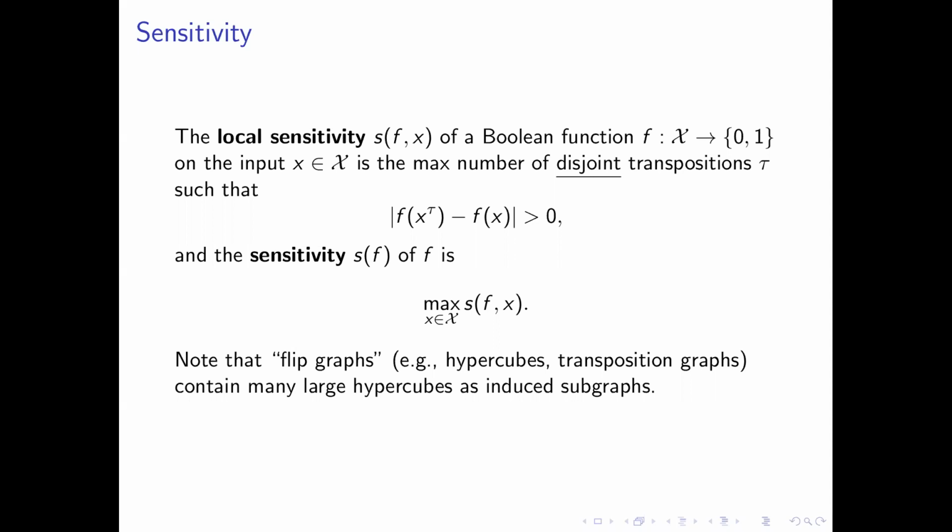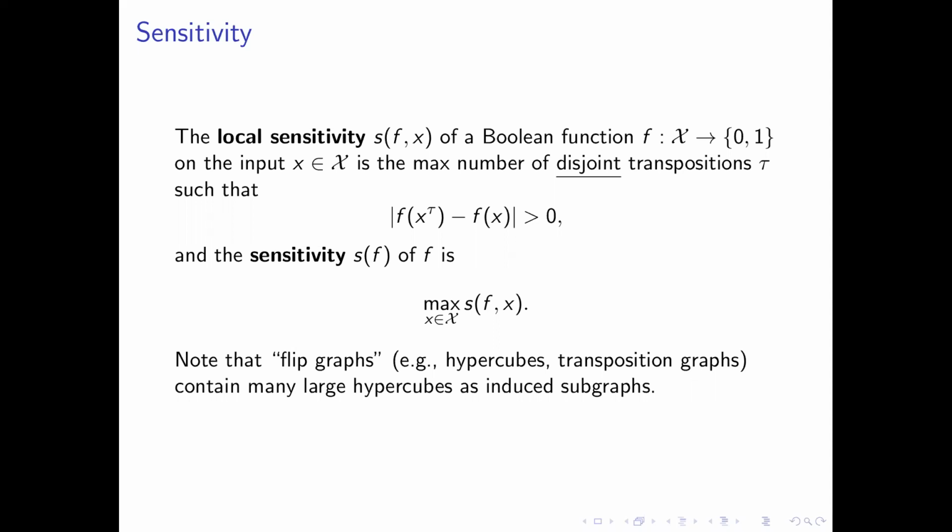And sensitivity is, again, the maximum over all of that. I think this is a very natural generalization of sensitivity. The way I've written it right now, you don't recover, say, the hypercube, but this definition makes more sense for something like permutations or perfect matchings or domains where there's a natural action of the symmetric group on it.